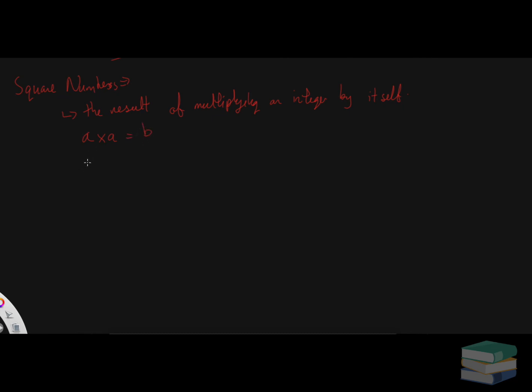So for example, if you take the number 2 and multiply it by itself, you'll get 2 squared, which is 4. If you take the number 3 and multiply it by itself, you'll get the squared number of 3, which is 9. If you take 4 and do that, you'll get 16. And so on and so forth. It goes all the way up.